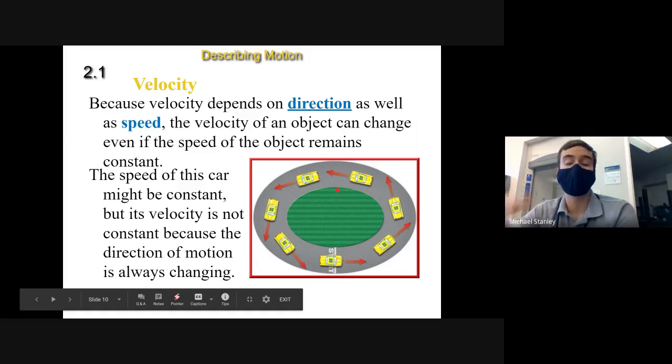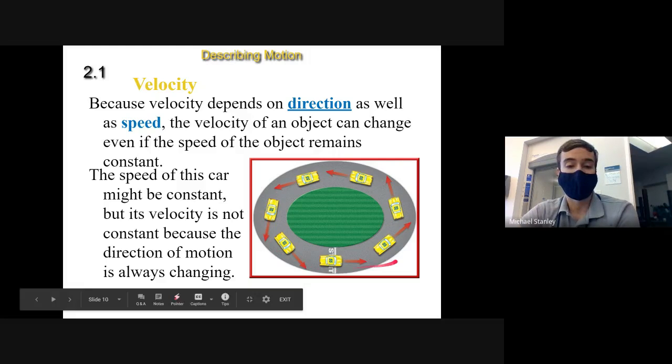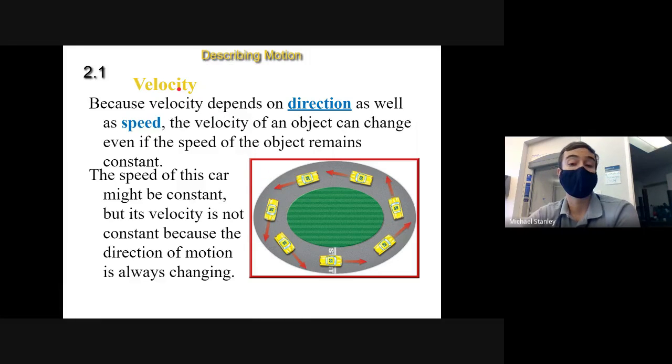Even if they set their speed at 100 miles an hour and then put on the cruise control, which I don't think they have in NASCAR cars, but let's imagine they do. If they're zooming around the track at 100 miles an hour, their speed is staying the same, right? It's always 100 miles an hour no matter what.